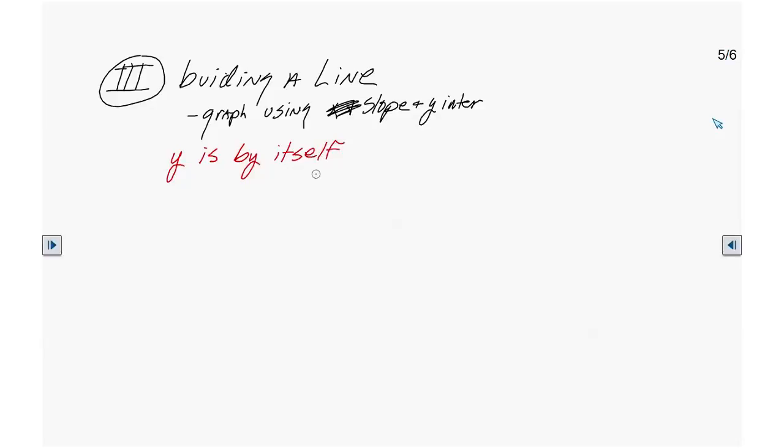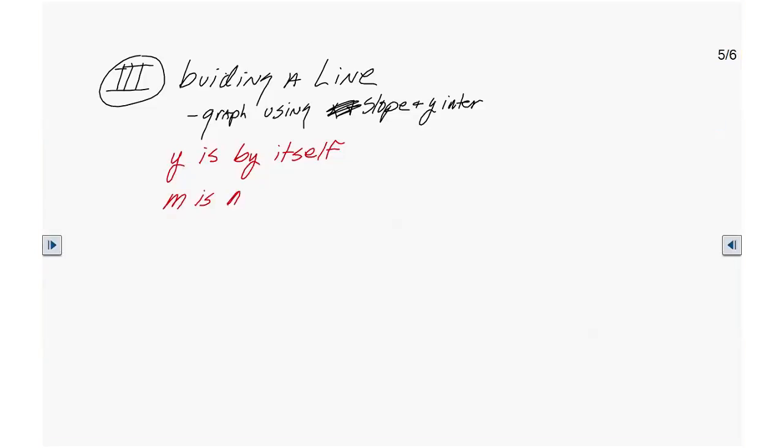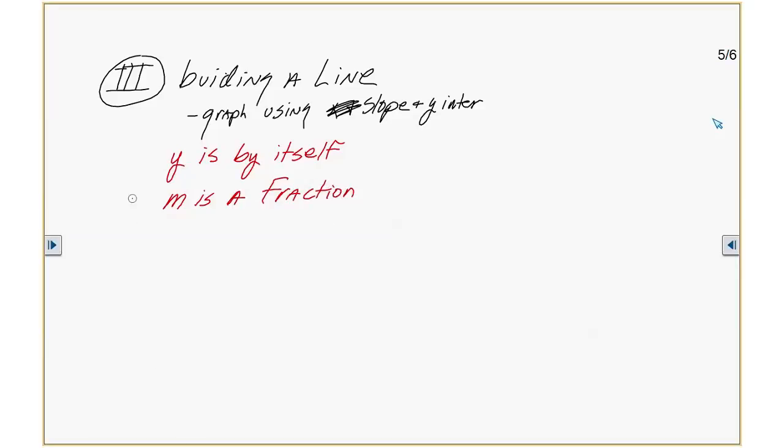And I also use it when m is a fraction. You know how we use multiples of the denominator with the first method? Well, this one is a whole lot easier when you have a fraction.